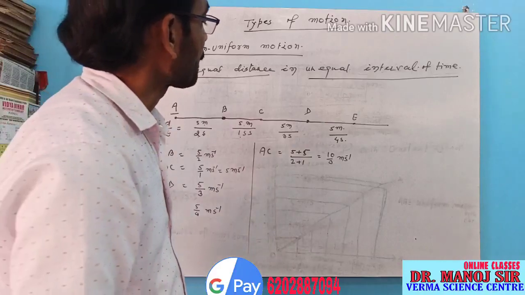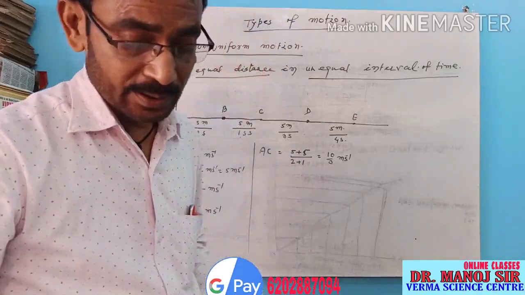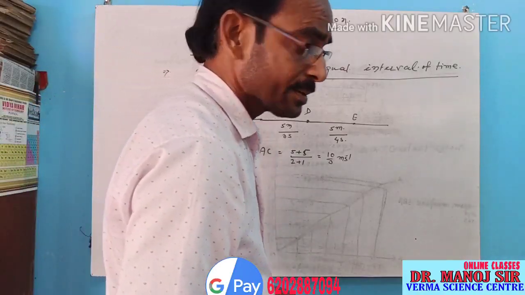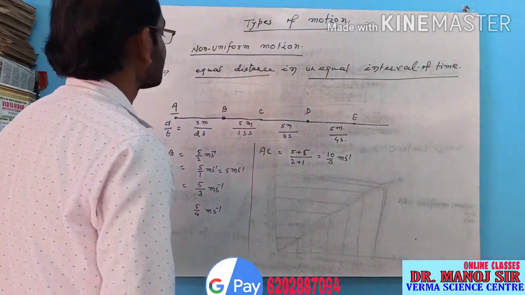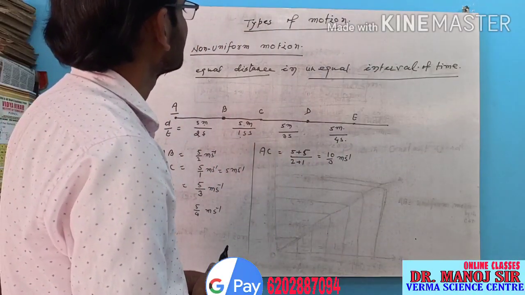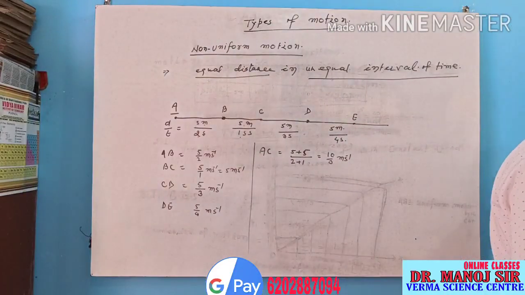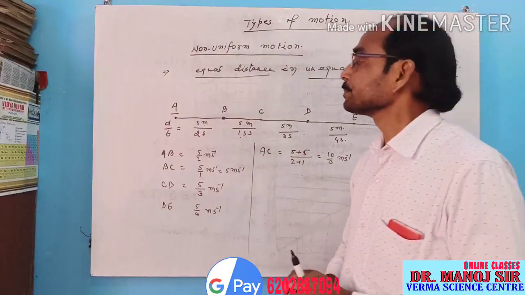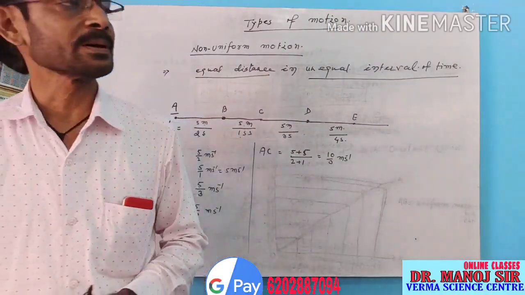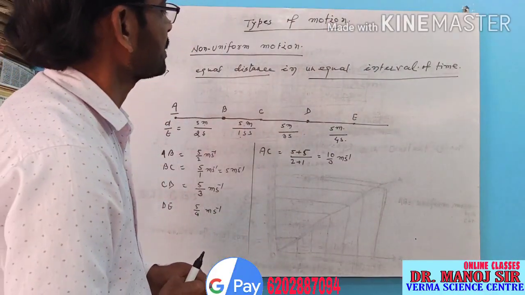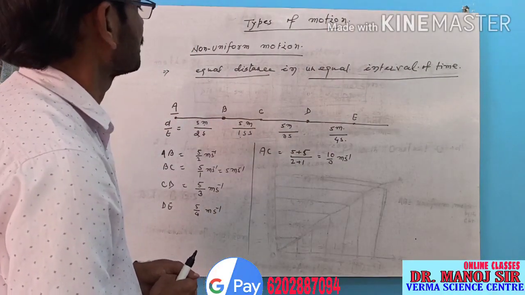Let us see some examples. It may produce a zigzag mode of motion, curve mode of motion, and so on.